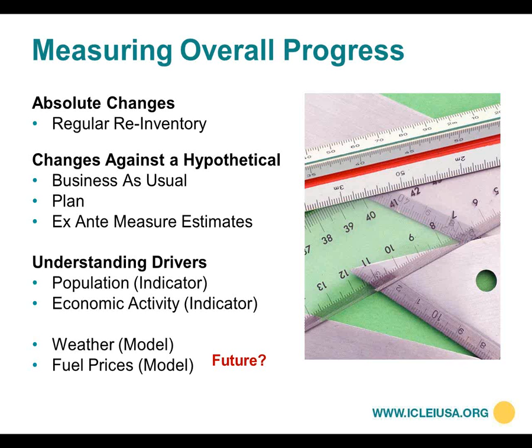So how are we doing compared to business as usual? How are we doing compared to a cap? How do individual measures stack up against what we planned in the cap? Those are all things that we want to be able to understand better.